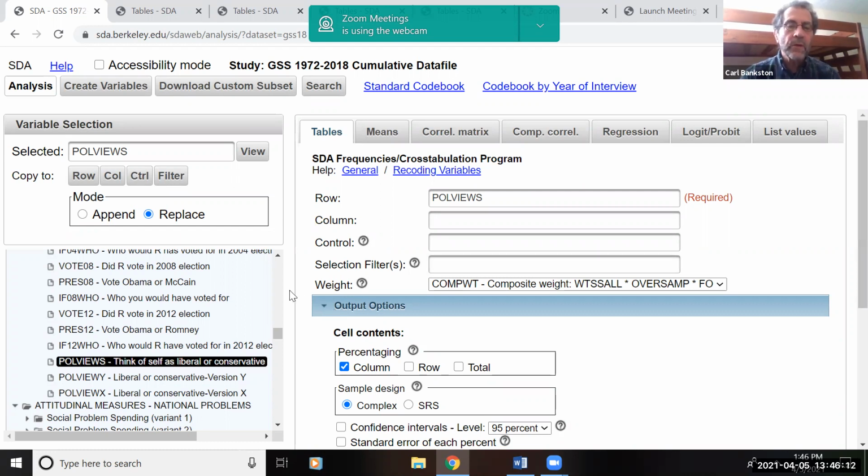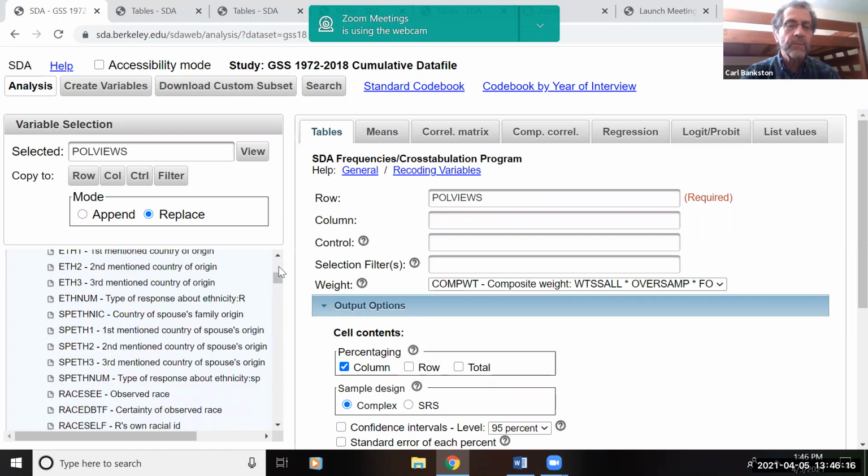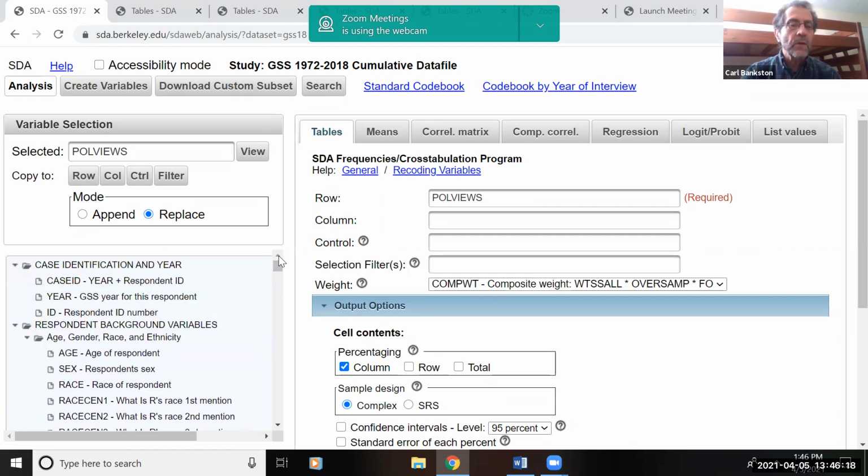Given that it's often reported that America became an increasingly polarized nation over the years. So we can look at a cross-tabulation between political views and year. I'm going to put that in the column.